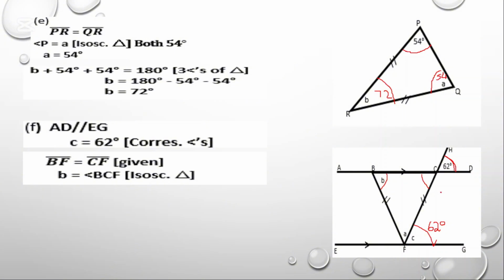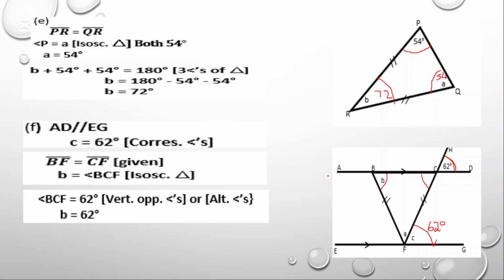Now I may be ahead of the sums already. So in the next one, B is equal to BCF. That is BCF. These two angles, they are equal.